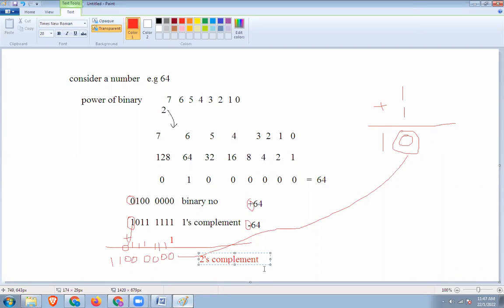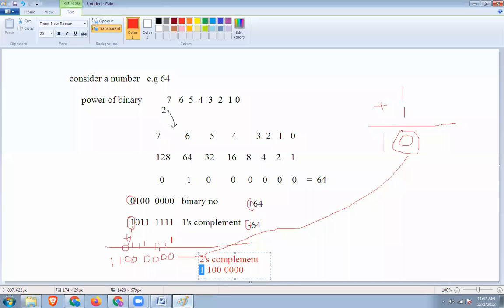So this is my two's complemented number. In this number, I got 1, 0, 0, 0, 0, 0, 0, 0. So this particular binary stream is getting, and in this binary stream, this will be your magnitude and this will be your sign.